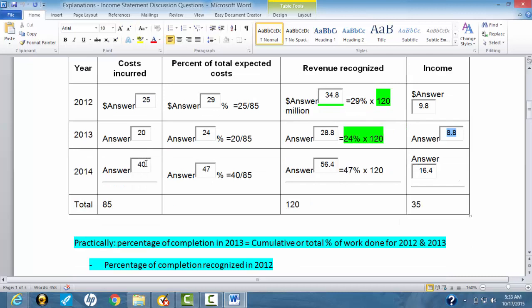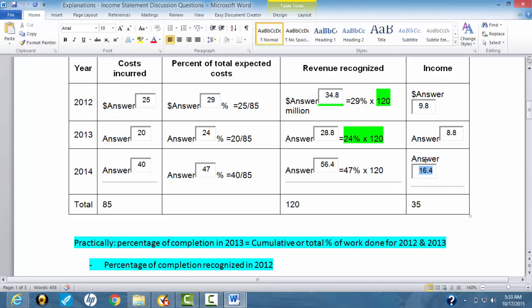For 2014, cost incurred is 40 out of a total estimated cost of 85. So 40 over 85 gives us 47% completion. So we can recognize 47% of total revenues, and we have 56.4 as revenues for 2014 minus the 40 million cost. We have a gross profit for 2014 of 16.4.